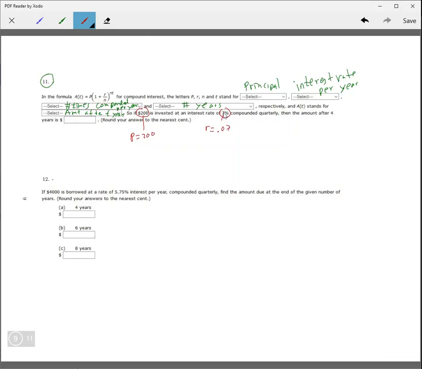So you have to convert this from percentage to a decimal, by the way. Quarterly means 4 times a year, every quarter. So that means the N is going to be 4. And then T is the number of years. Okay, so you take this formula here.